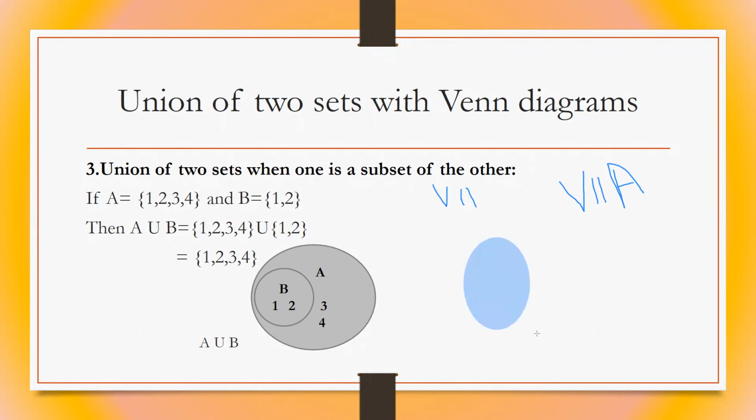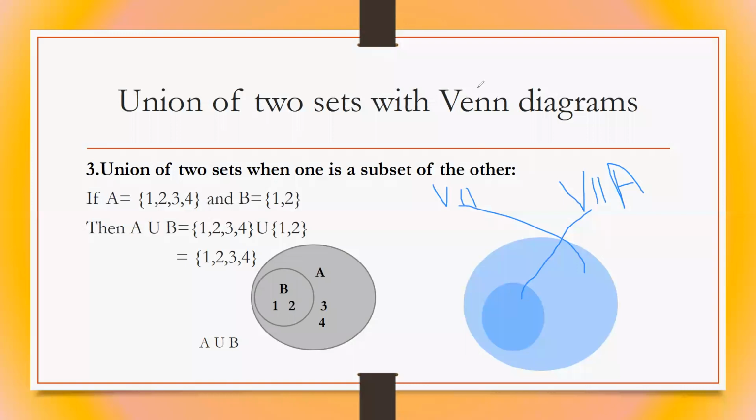Exactly. The bigger circle must be of 7 and the smaller circle must be of 7A. Okay. Why? Because 7A lies in class 7. ठीक है. तो a smaller circle must be of a smaller subset and the bigger circle must be of the bigger set. I hope now this is clear to you.